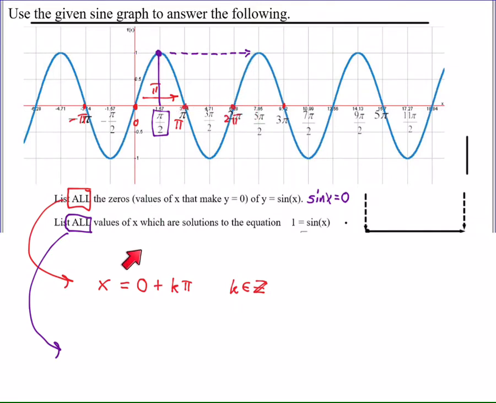So just like I did before, I can generate all of these solutions simply by taking the first solution available, pi over 2, and adding multiples of 2 pi. So you write 2k pi instead of k pi because the distance is double between these. Again, k is an integer value. So we can go forwards or backwards by 2 pi and get all of the ones of the sine.